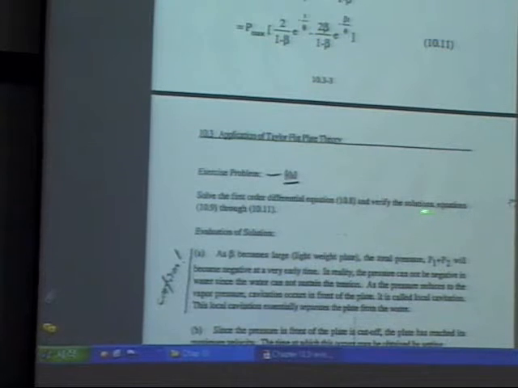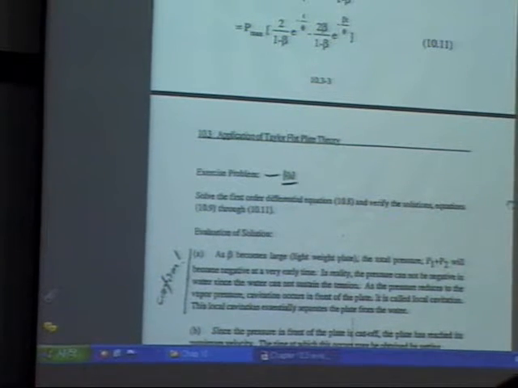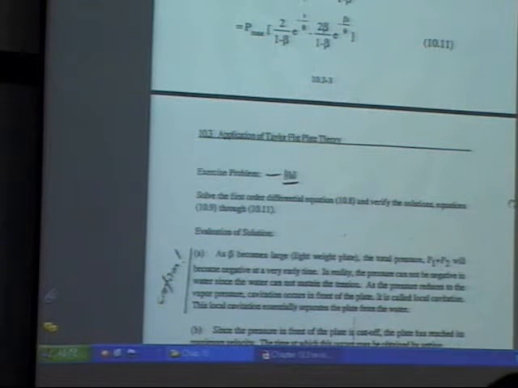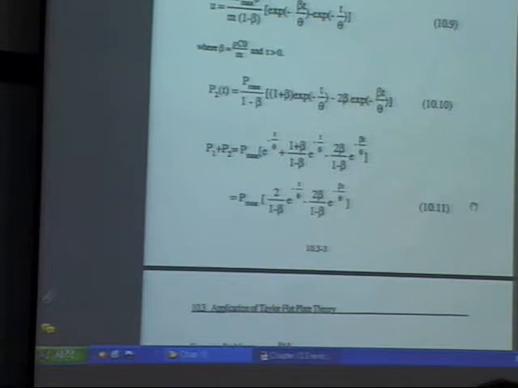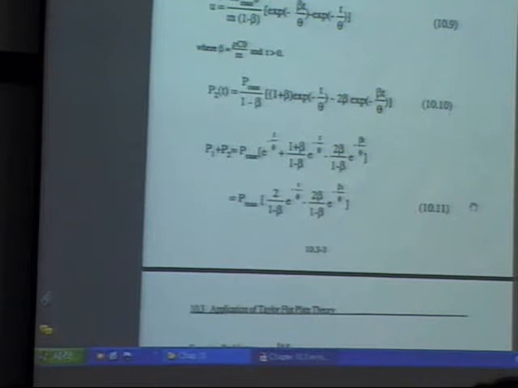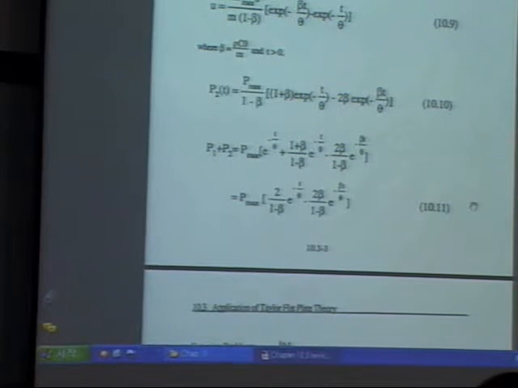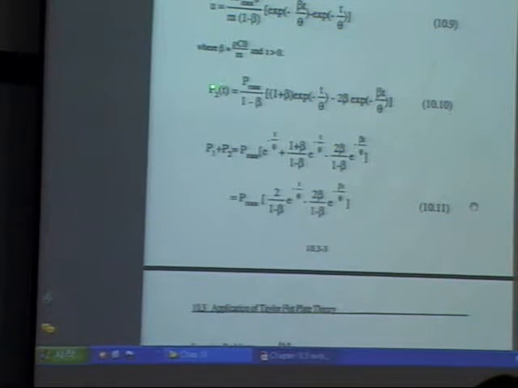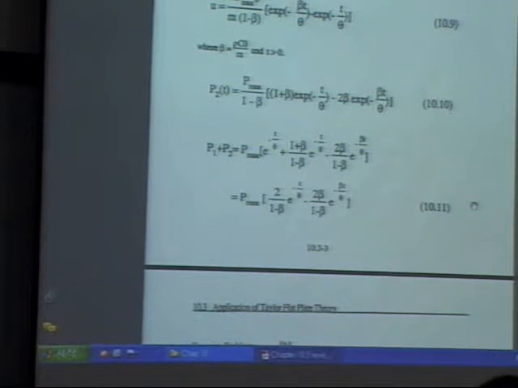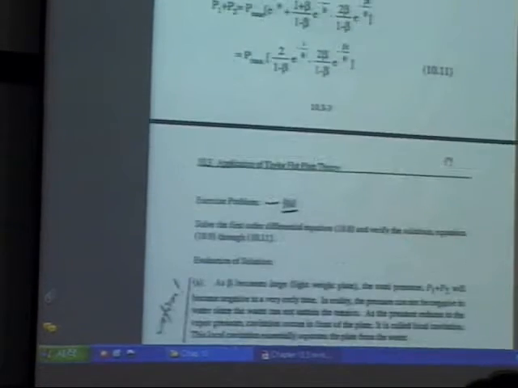But also verify the solutions 10.9 through 10.11, which I listed. I want you to confirm by solving the first order ordinary differential equation. I want you to confirm the U, confirm P2, confirm P1 plus P2. Okay? It's really easy. That's all homework. That's what I said.